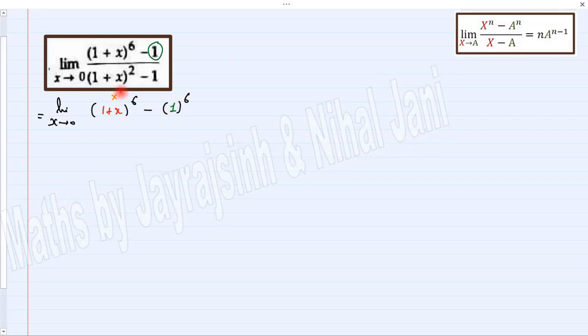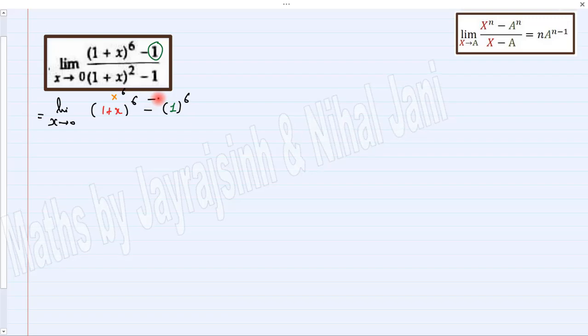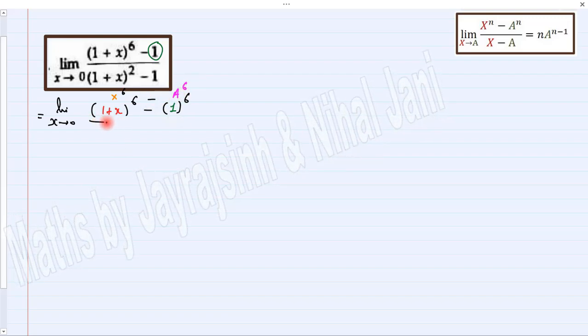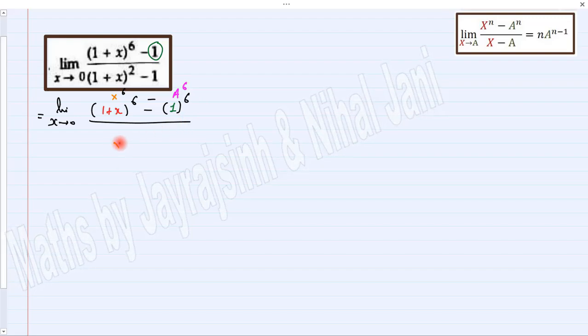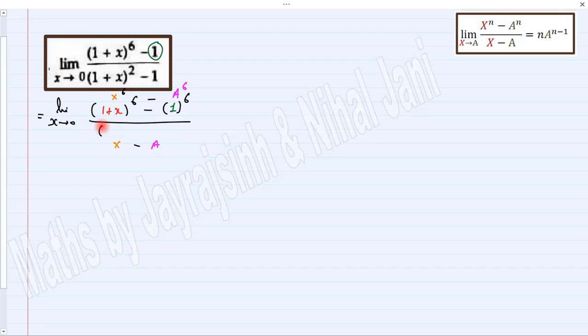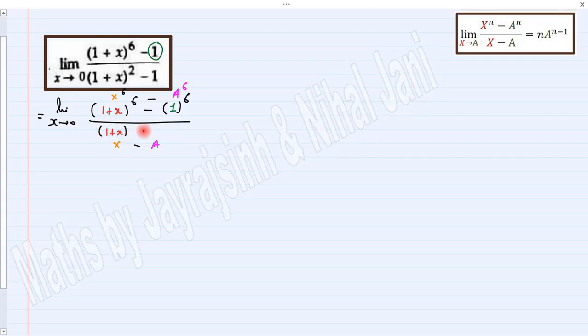So here we have the X raised to 6 minus A raised to 6 form. We just need the X minus A form in the denominator. So let's multiply and divide by (1 plus x) minus 1.